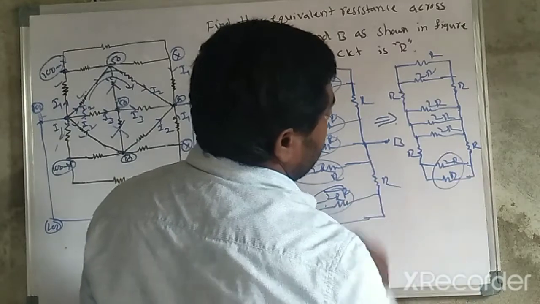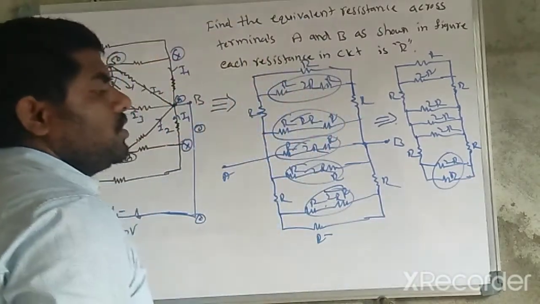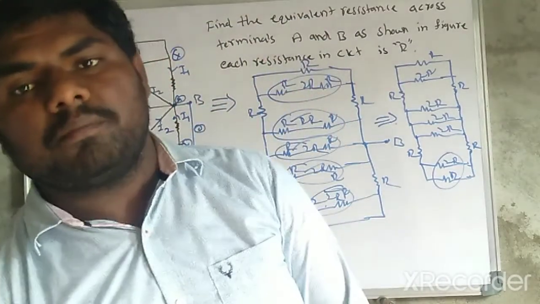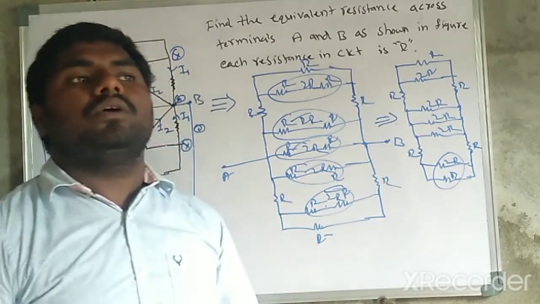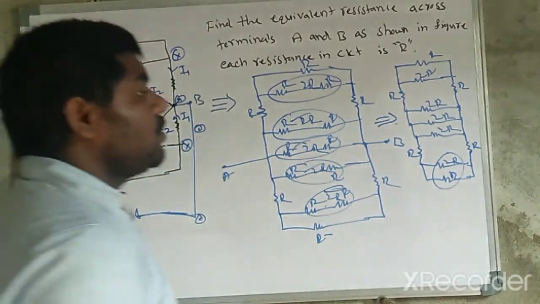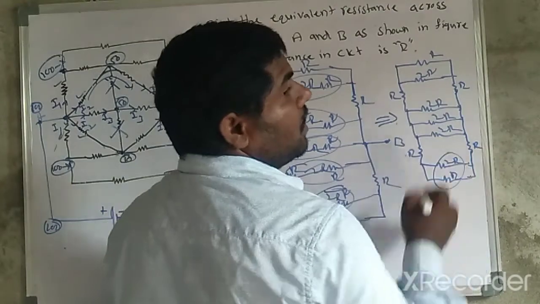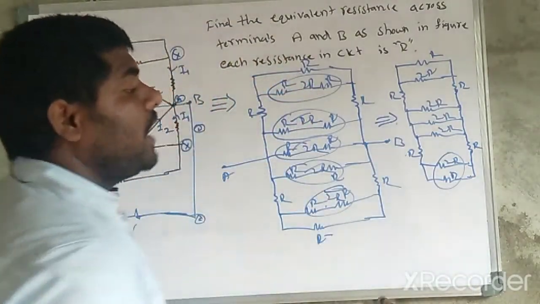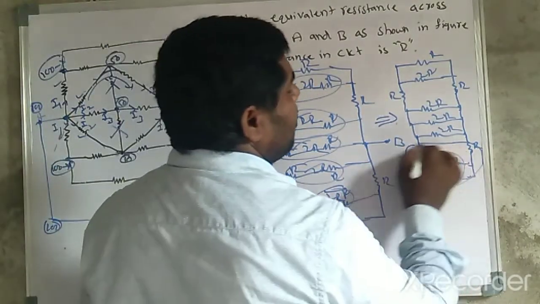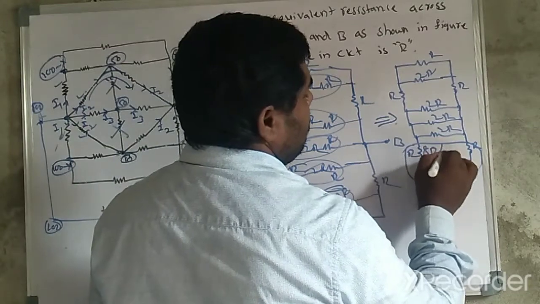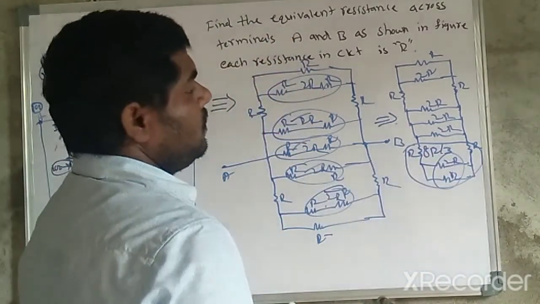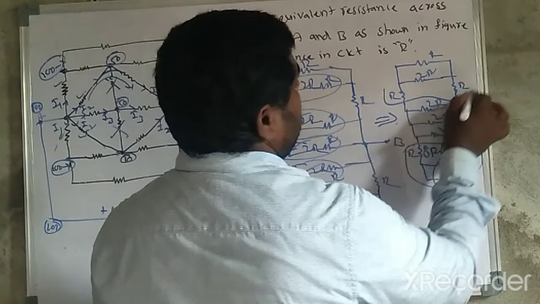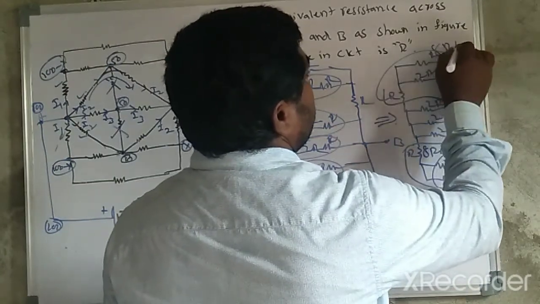Now these two are in parallel. So 1 by 2R plus 1 by R gives 2R by 3. Then 2R by 3 plus R plus R, so the total is 8R by 3. It means this total is also 8R by 3.